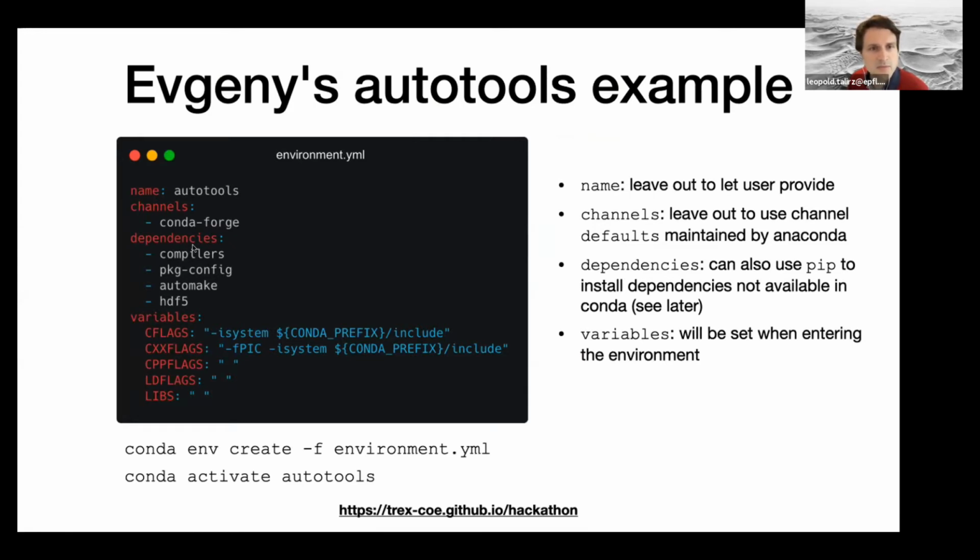You tell it what are the dependencies that you need. And in this particular case, Evgeny also specified a set of environment variables that will be set when the user enters the environment. And then all you have to do as a user is to run these two commands. So first to create the environment, and then to activate the environment.